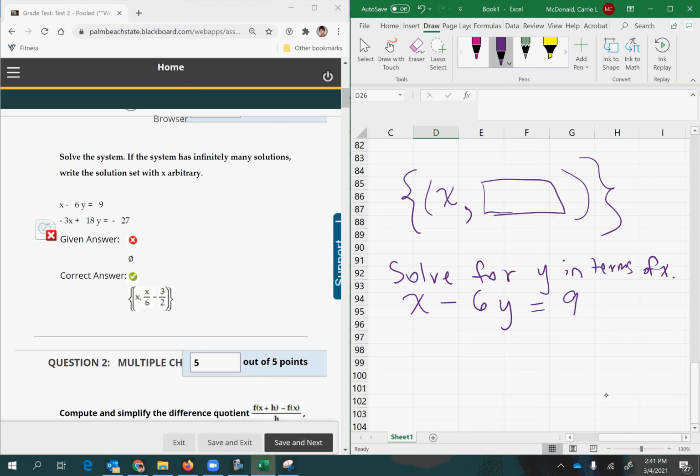So subtracting x from both sides, I'll have negative 6y equals negative x plus 9. Then dividing everything by negative 6, I'll have y equals negative 1 divided by negative 6 is positive 1/6. Positive 9 divided by negative 6, and they're both divisible by 3.